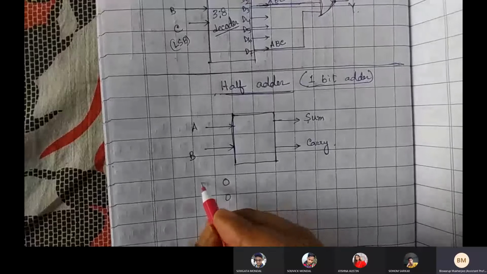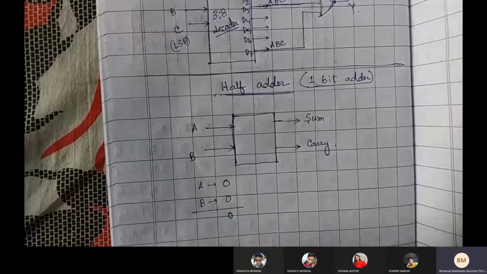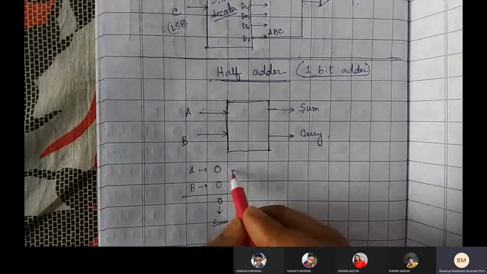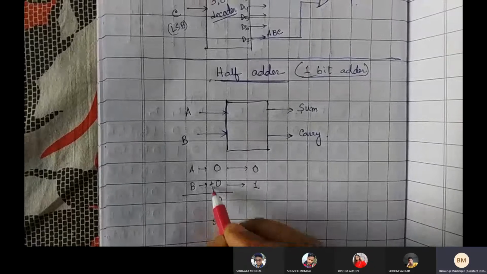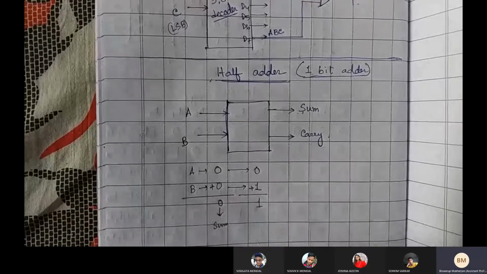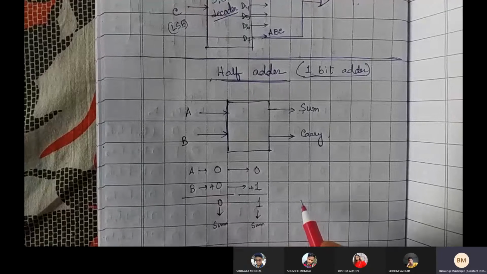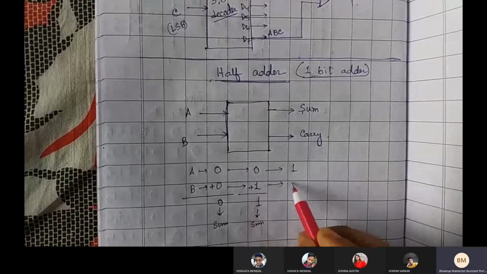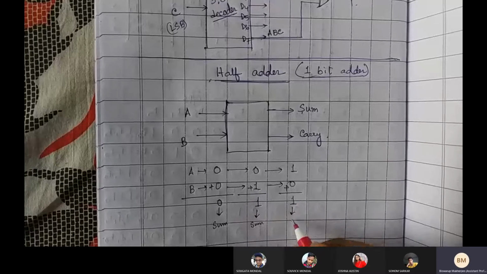If you add these two, 0 plus 0 is 0. So the sum is 0. Similarly, A value can be 0, B value can be 1. If you add these two, the result is 1, and that time it is treated as sum. Similarly, if A value is 1 and B value is 0, if you add these two, we still have the sum output as 1.